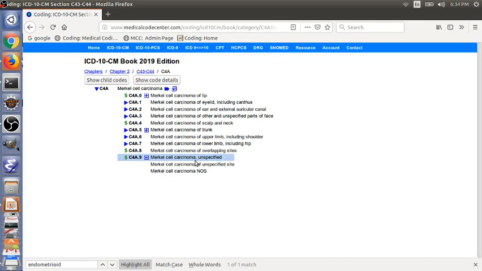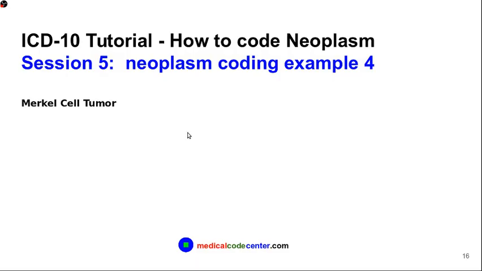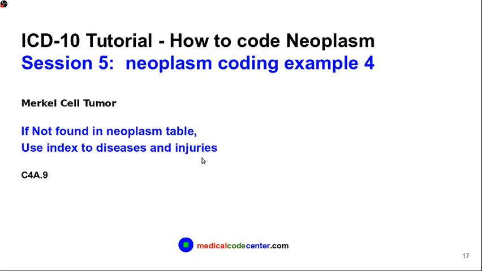So this is a Merkel cell carcinoma, unspecified. So again, if we can't find the code in a Neoplasm table, we have to use the index to diseases and injuries. So this is the final example, example 4. So the code answer is C4A.9.